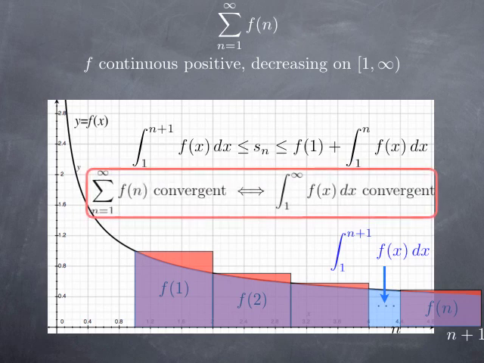So we obtain that our series is convergent if and only if the improper integral from 1 to infinity of the function f is convergent. In other words, if the integral is convergent, so is the series. If the integral is divergent, so is the series. So that's a very good criterion for us.